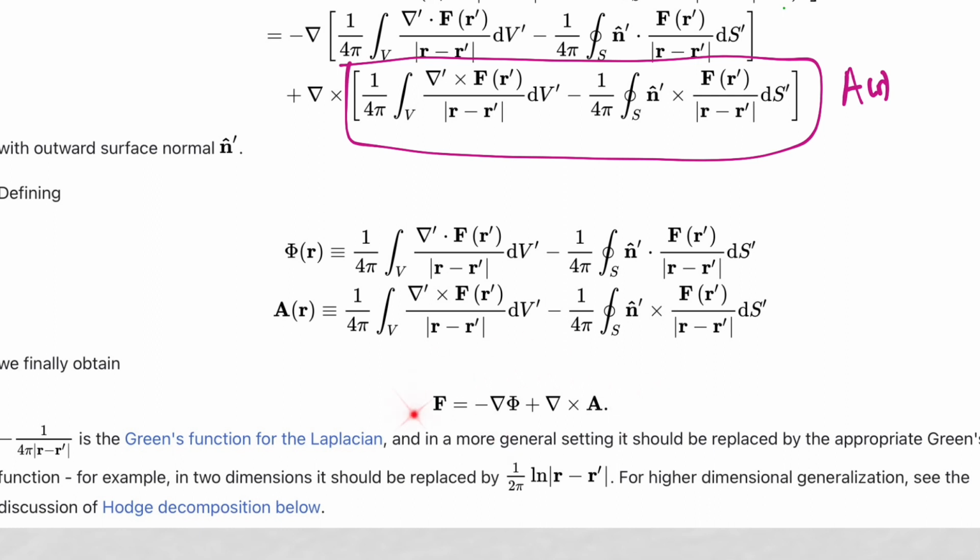And then you have now just proven that F can be decomposed into its two pieces, the piece that's purely a curl and the piece that's purely a gradient. And as a reminder, this is F longitudinal and F transverse. So you've got this longitudinal and transverse decomposition of our vector field.